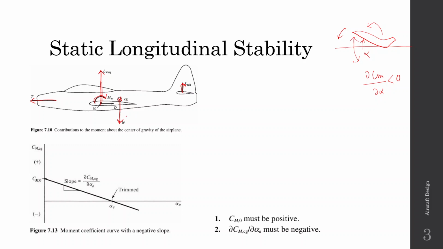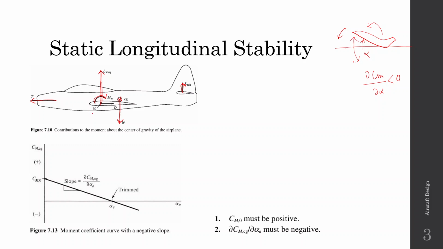Now let us see which of these forces contribute to the moment. The weight does not contribute anything because it passes through the CG. Similarly, the thrust vector usually passes through the CG, so the thrust also has no contribution.